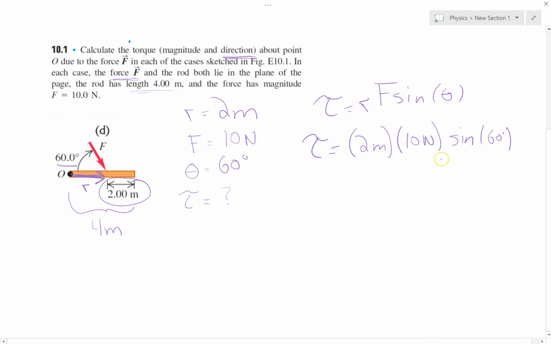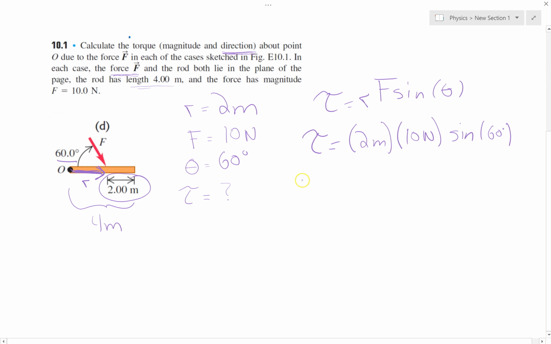Well, 2 meters times 10 newtons is 20 newton meters, and sine of 60 is square root 3 over 2. So our answer could be 10 square root 3 newton meters, or if your calculator gives approximate decimal values, you'll get something close to 17.3 newton meters.